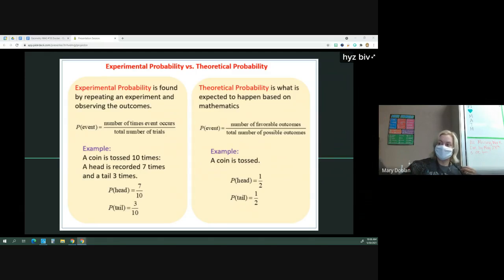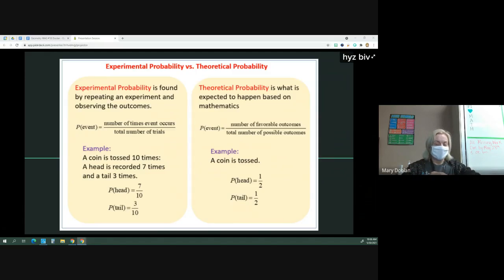Probability of a tail, 1 out of 2. Same thing, one side has a tail, 2 sides to a coin, 1/2. So these could be different depending on if it's an experiment or theoretical. Sometimes they're the same. The more you experiment with something, the closer and closer you're going to get to theoretical probability.